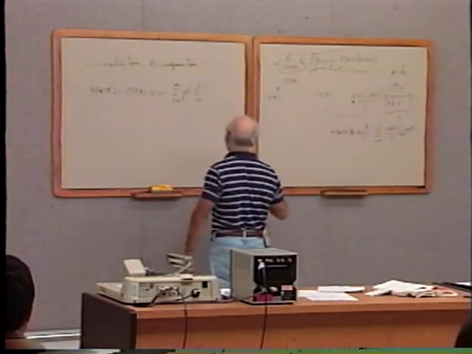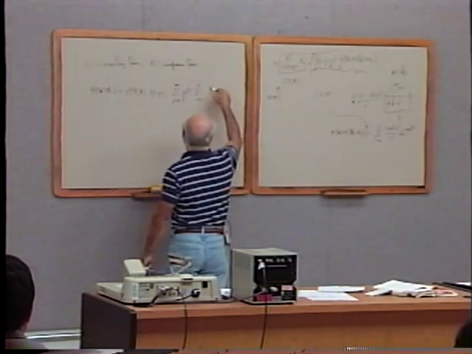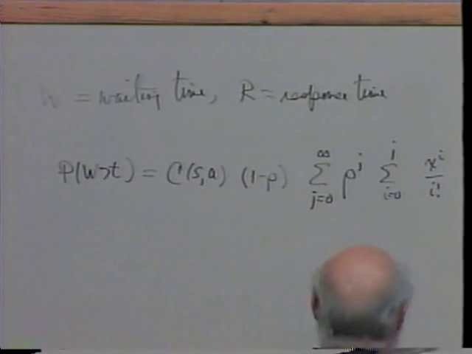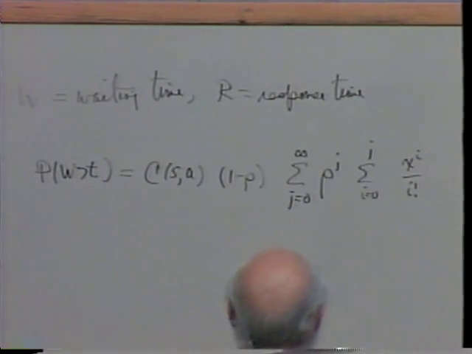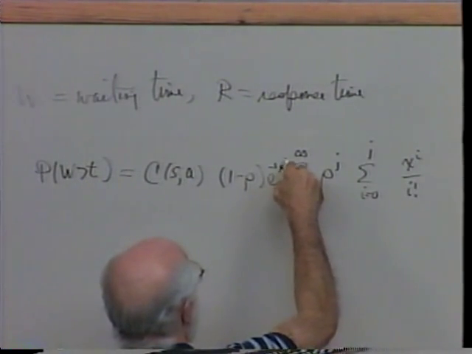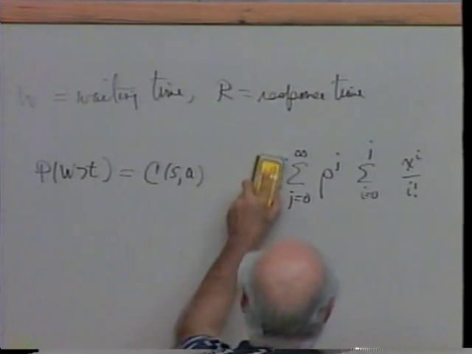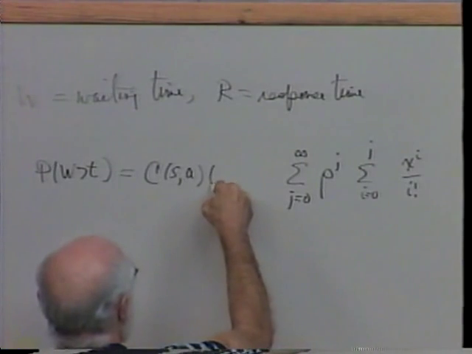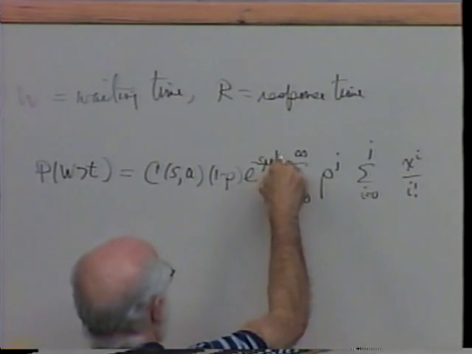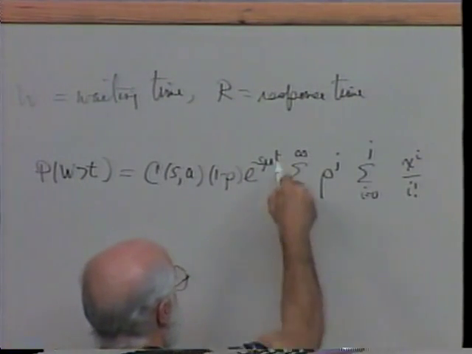So for the moment, I'll replace that by x to the i over i factorial. And then I have the exponential, which doesn't affect anything, so I'll put that over here: e to the minus s mu t. Let me rewrite this. This is 1 minus rho, e to the minus s mu t. So all I have to worry about is this sum.